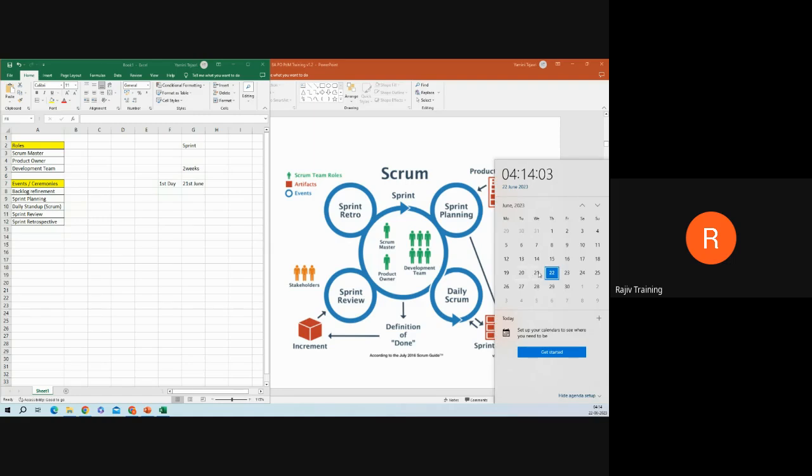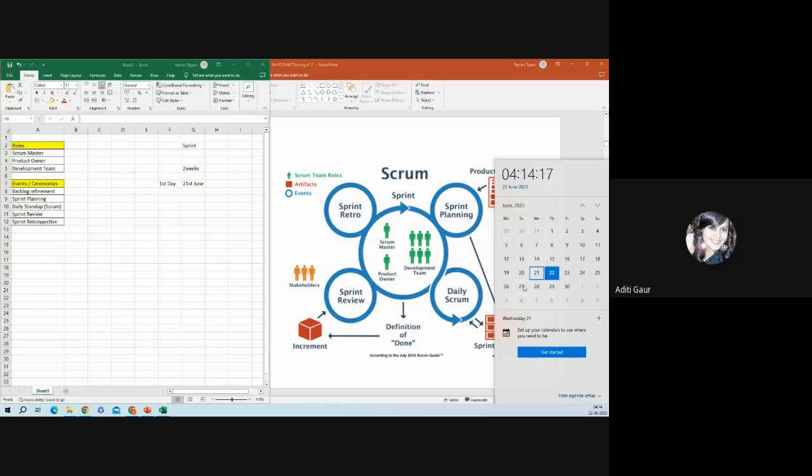If it's a 2 week sprint, when is it ending according to you? It will be on the 4th, because 21st until 4th.